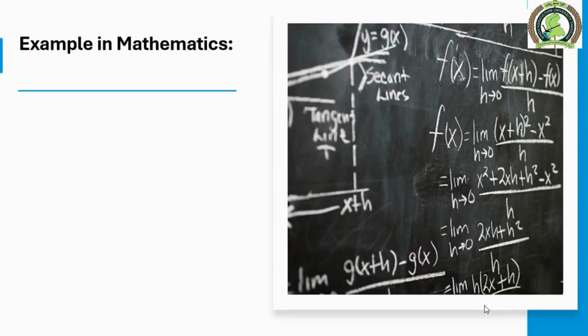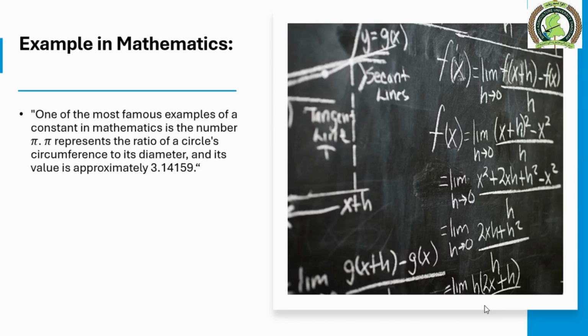Examples in mathematics. One of the most famous examples of a constant in mathematics is the number pi, which represents the ratio of a circle's circumference to its diameter, approximately 3.14159.